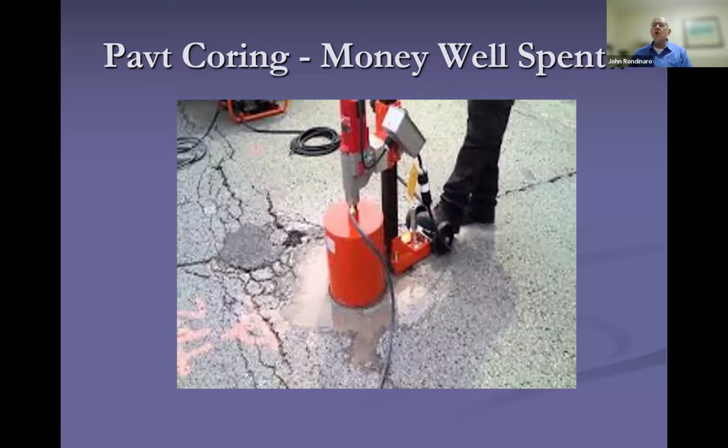So real quickly, and you'll find it in the workbook. It gives you a really good, detailed discussion about both the hot in place and the cold in place. Hot in place, you're looking at the top inch to almost 2 inches, where you're going to be recycling the asphalt.